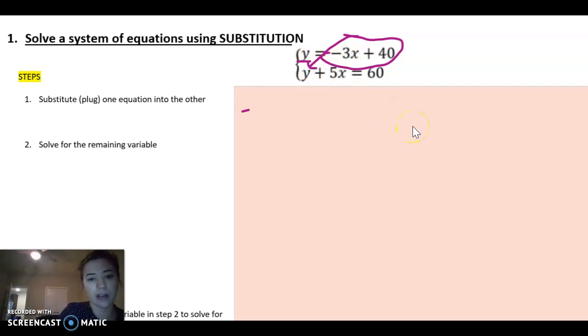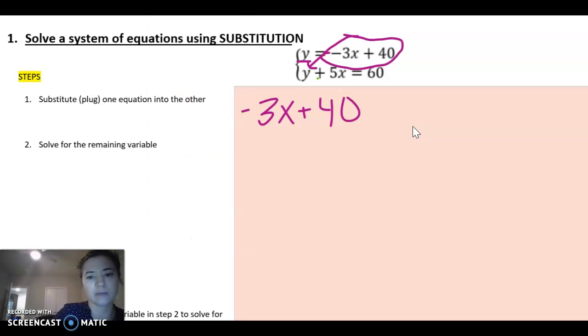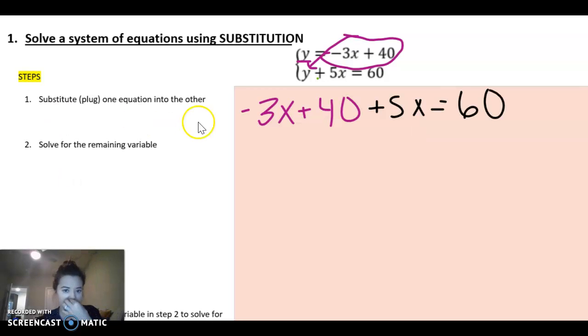So I'm going to write negative 3x plus 40, and then I'm going to write up the rest of our equation, plus 5x, and this equals 60. Okay? Now we have an equation with only x.